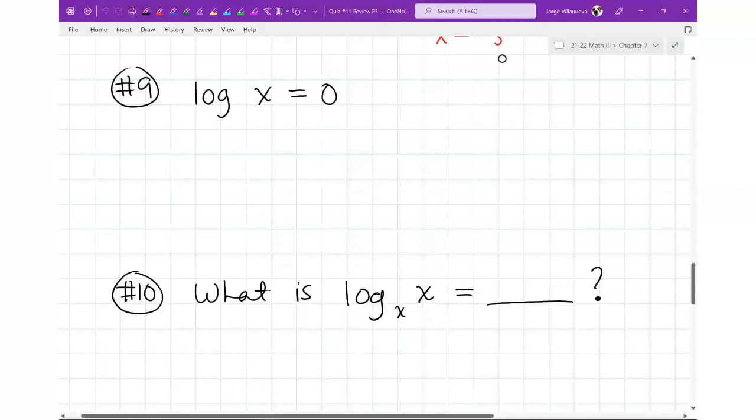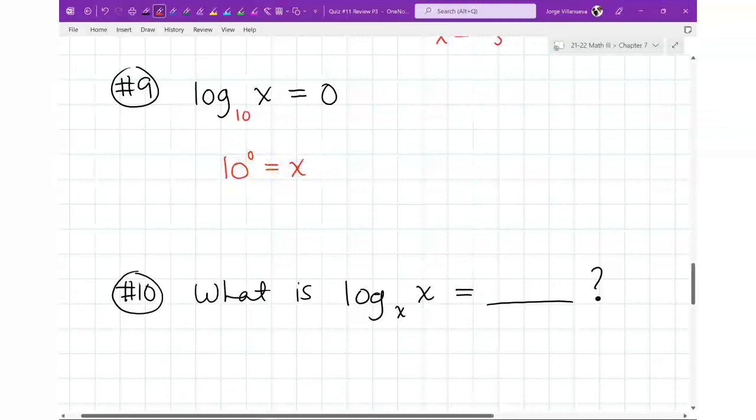That's the common base. If you see a log without a base, it's a base 10. So I'm going to go ahead and write it right now, just so that we see it. And now let's rewrite it. My base is 10. My power is 0. So 10 to the 0 equals x.